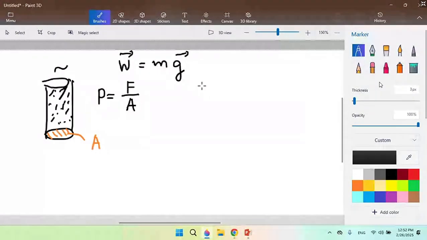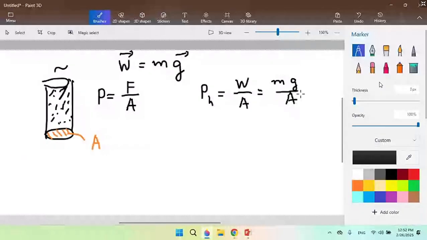However, in this case, we are talking about hydrostatic pressure, the pressure due to the weight of the fluid column, in this case the fluid placed in that cylinder. So thus, force is weight divided by area.